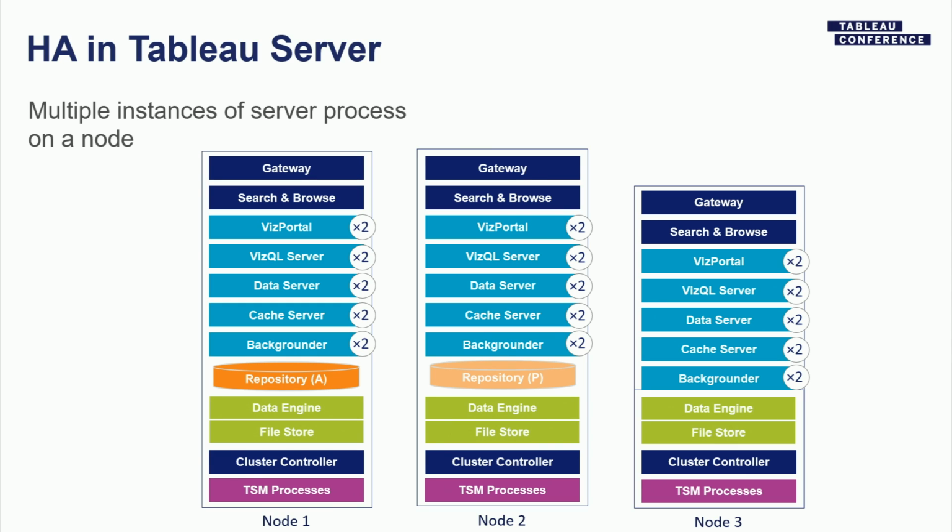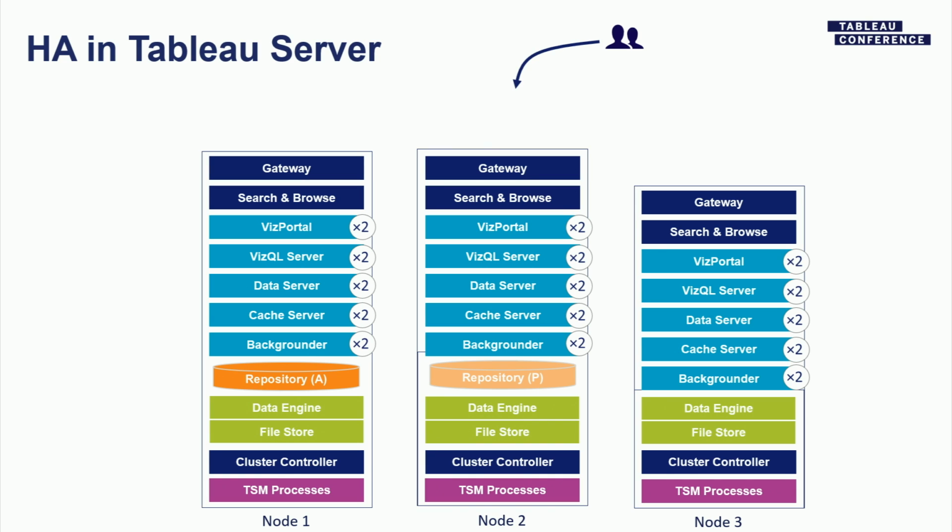Now let's look at how customers connect in to Tableau Server. For a customer connecting in, you have to give them some machine name or some IP address to connect to. Well, in many cases, it would be just one of the machine names of one of the nodes that has a gateway installed on it. But now, if you lose that particular instance of gateway, you're not highly available anymore because your users can't actually access the rest of your server, even though you've set it up for high availability.